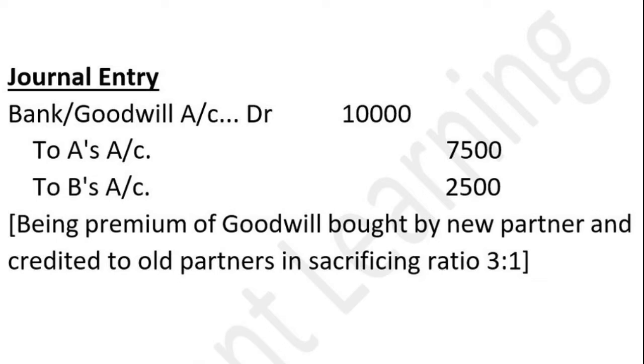So the whole entry becomes bank account or goodwill account debit to A's account, to B's account, and the narration is being premium of goodwill brought by new partner credited to old partners in sacrificing ratio. So A will get 7,500 as premium of goodwill and B will get 2,500 as premium of goodwill.